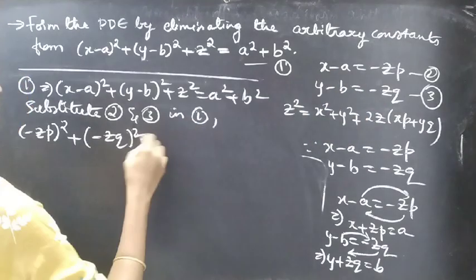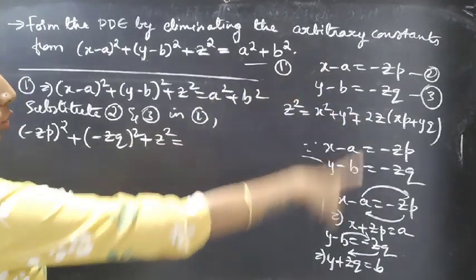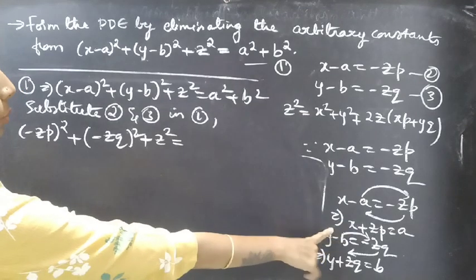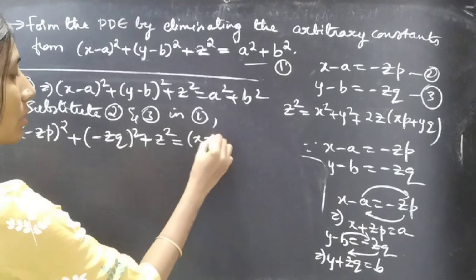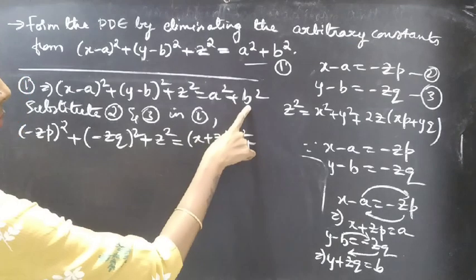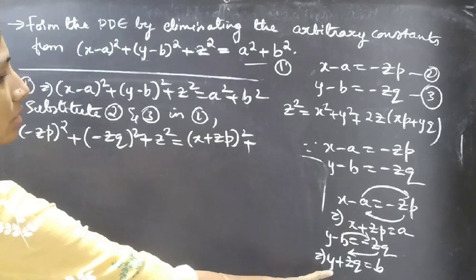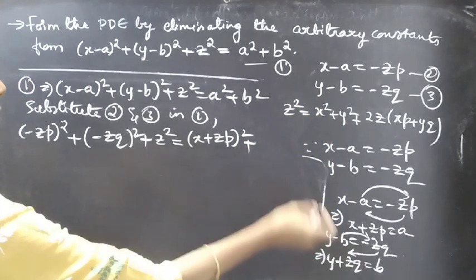using this 3, plus z square equal to, using 2 you will get x plus zp equal to a, right? Just replace this a by x plus zp, you will get (x plus zp) whole square, and replace this b by y plus zq equal to b. Using 3 we will get y plus zq equal to b, right?